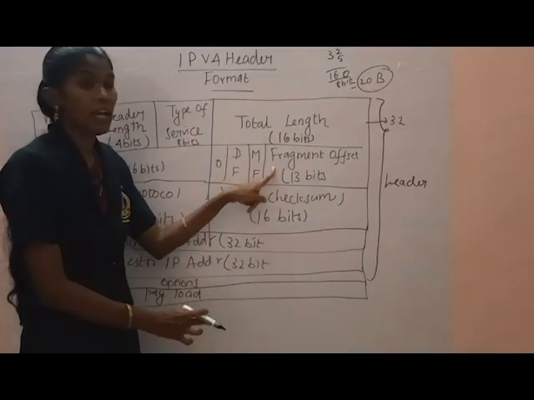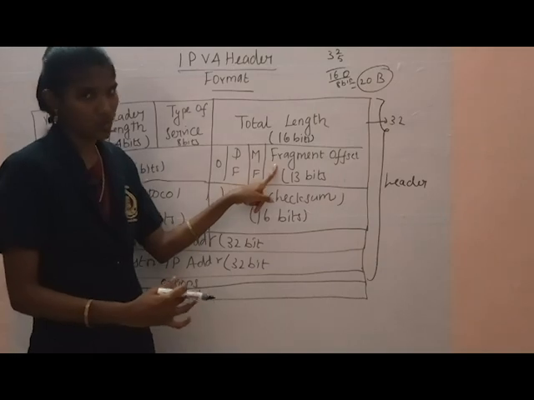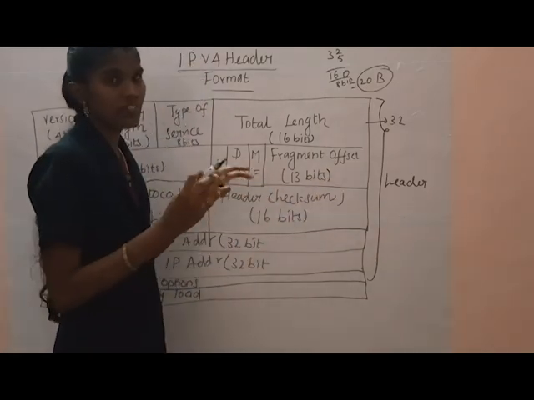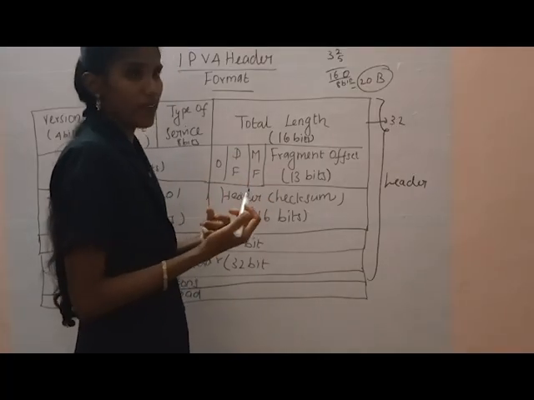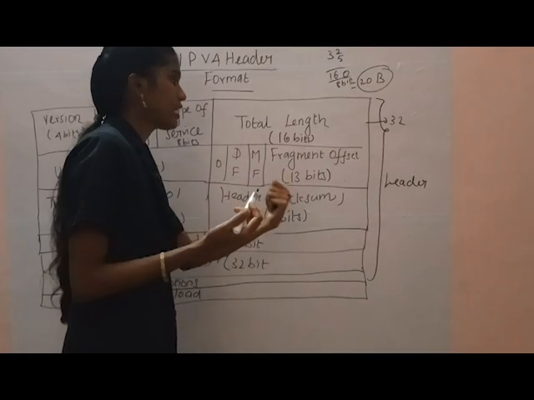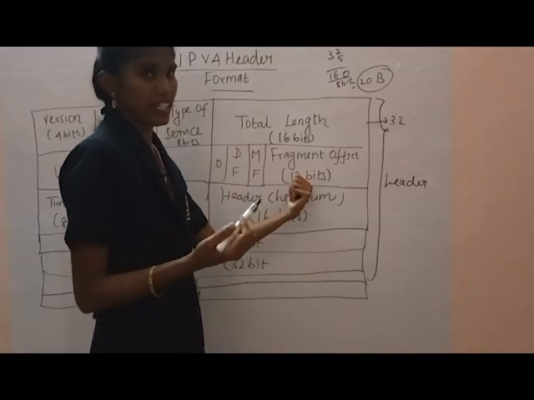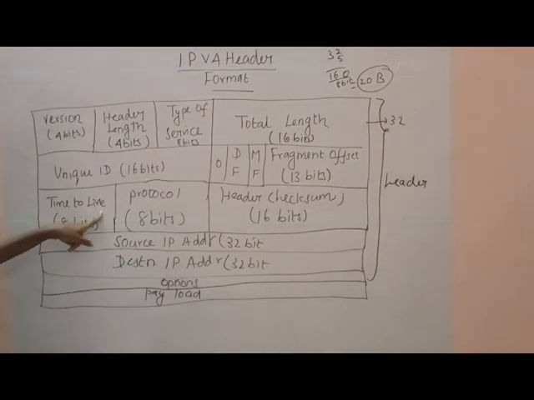Then fragment offset: if this is the first fragment, then it will have 1. If it is the 13th fragment, then it will have the value 13. Likewise, 13 bits are allocated. That many fragments only are allowed. If you have more fragments that you cannot fit within this 13 bits, you can create a new packet. We cannot have fragments further.